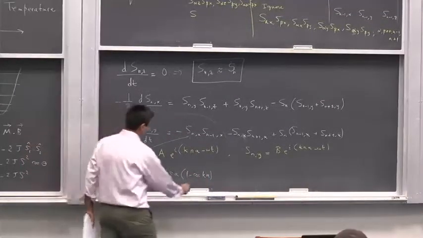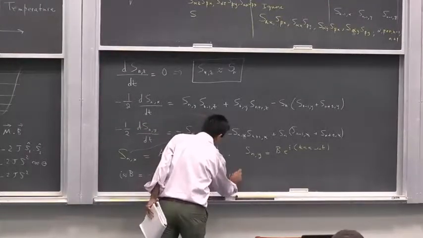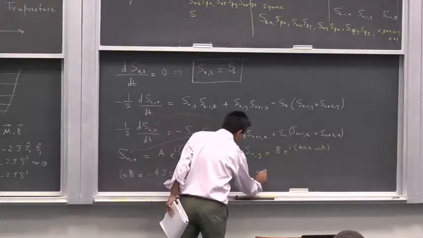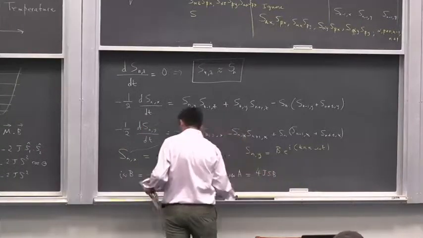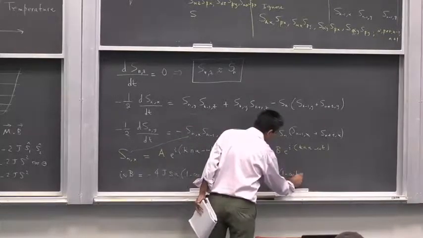And the other equation is i omega a equals 4jSb times (1 minus cosine of ka).